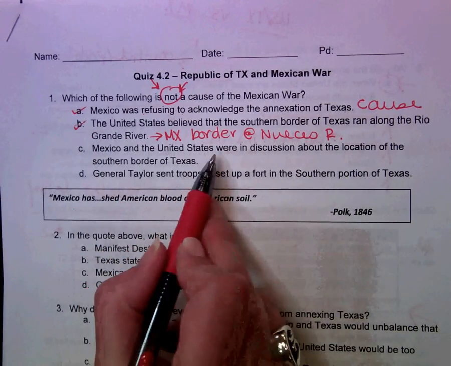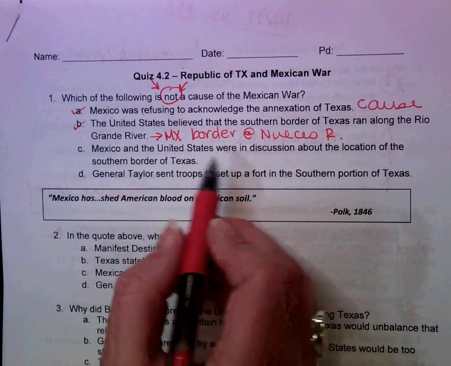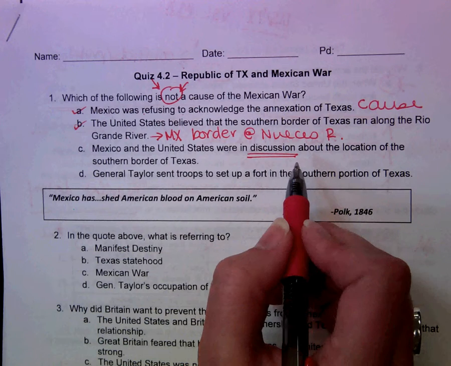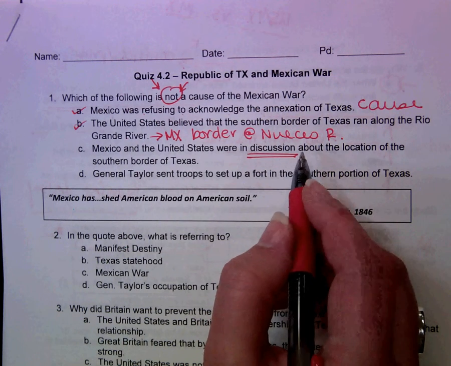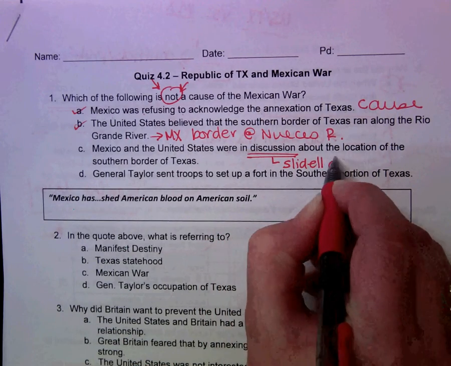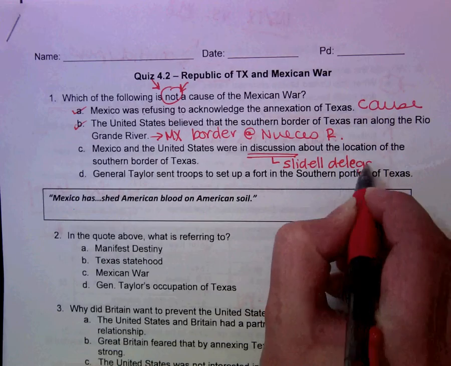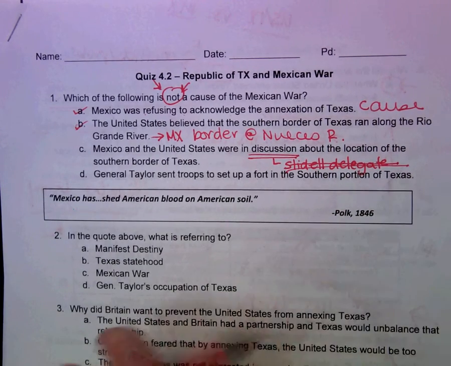Mexico and the U.S. were in discussion about the location of the southern border of Texas. No, they didn't even have to. Did the U.S. try to have discussions with Mexico? Yes, they tried to send Slidell to Mexico as a delegate, and what did Mexico do? They didn't even talk to him. They said, we're refusing. Cross you out.